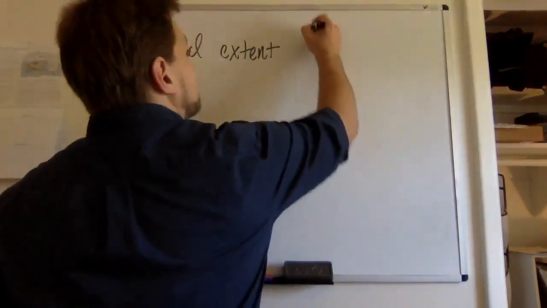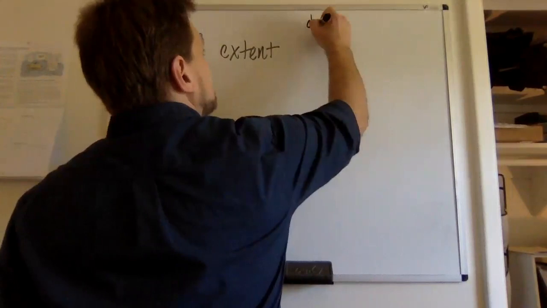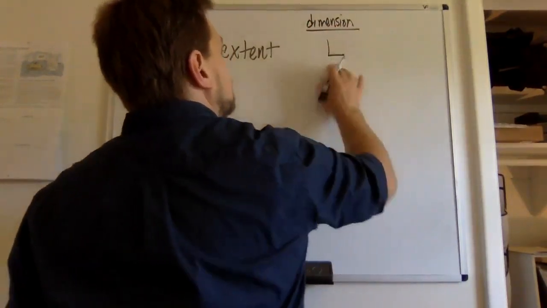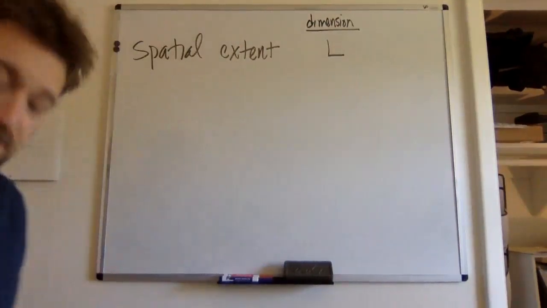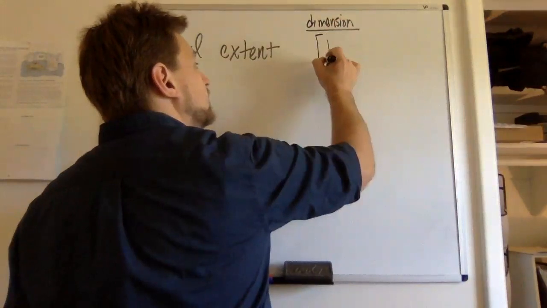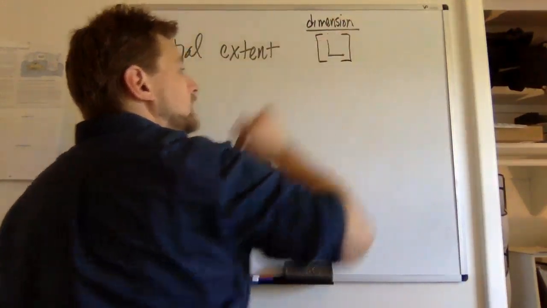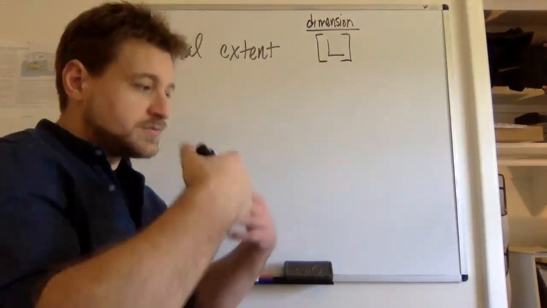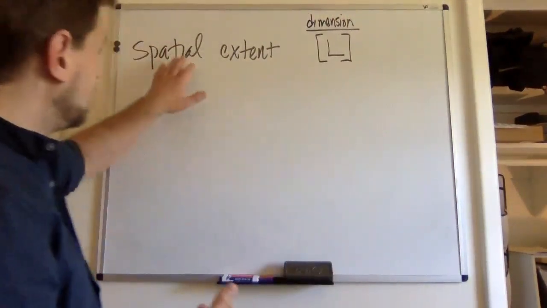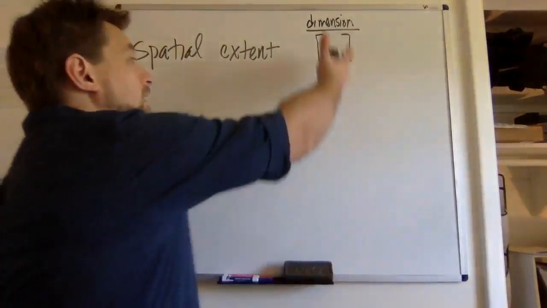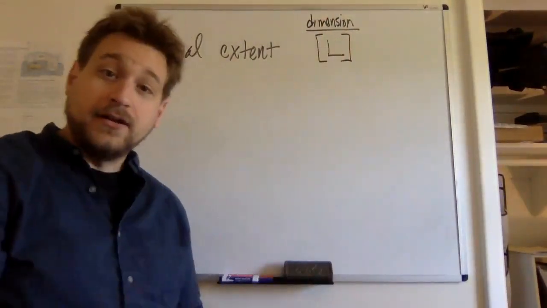I'm going to call that the dimension of length. I'll use a capital L for dimension of length, and I'm going to put these symbols in square brackets. Anytime I want to talk about a dimensionality of a thing, in other words, in what kind of fundamental measurement is it? Is it a spatial measurement? Then I'll say it has the dimension of length.